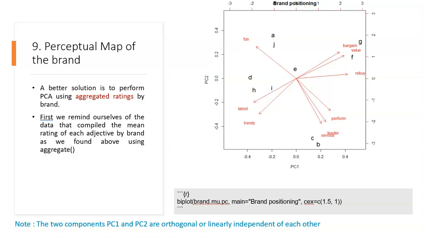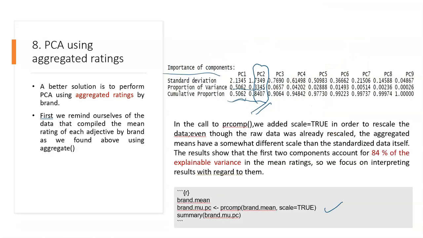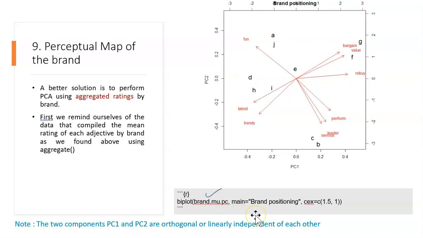Here we can interpret this, but first let's see this code. This is the principal component, and main brand positioning is basically the title that you want to give to this chart.